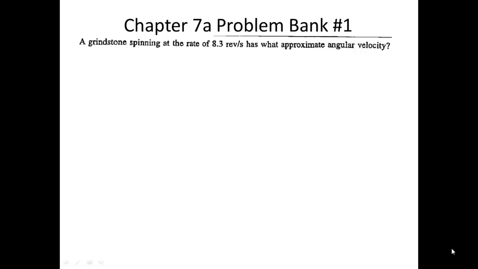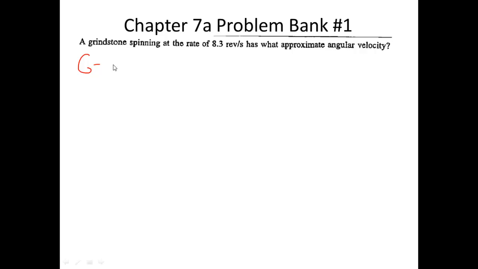Talking about angular kinematics. We start with number one: a grindstone spinning at the rate of 8.3 revolutions per second has what approximate angular velocity? Here we are looking at just a conversion.